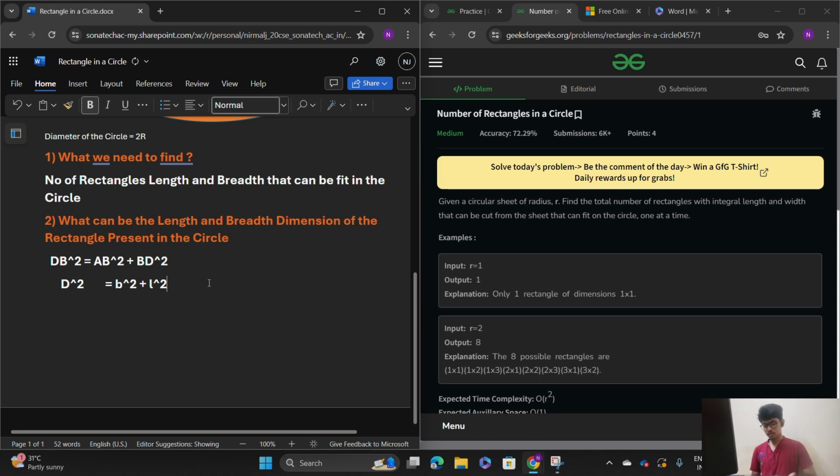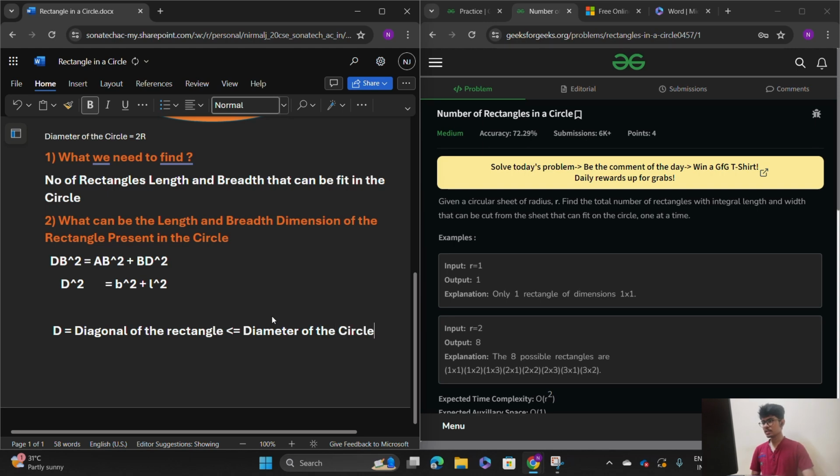Now, what this capital D denotes is that this D is equal to the diagonal of the rectangle. This diagonal of the rectangle is less than or equal to the diameter of the circle.